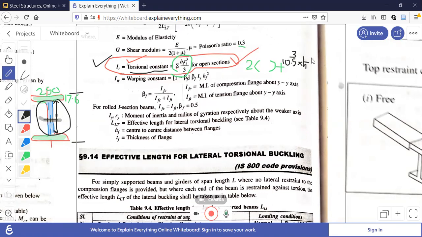This is how the formula is used. This one is also BTQ by 3 only. This is how this torsional constant is calculated. Anyway, I'll just remove it. I'll go to that page only now.